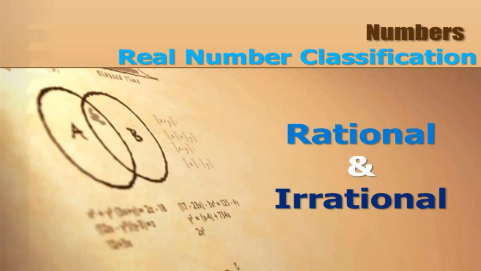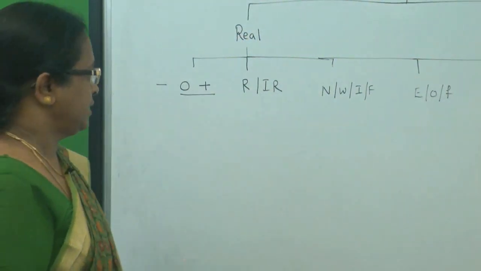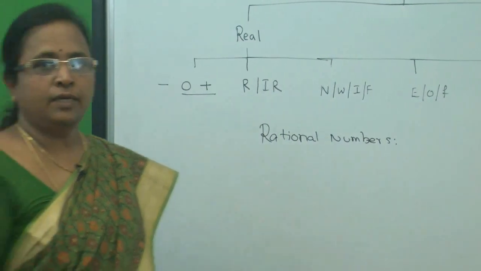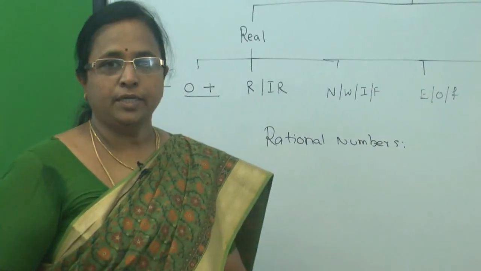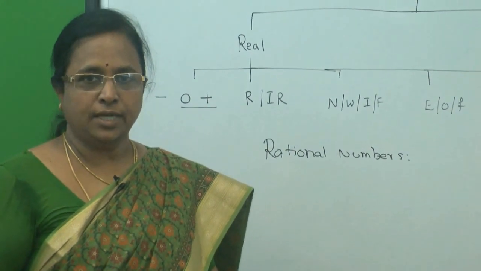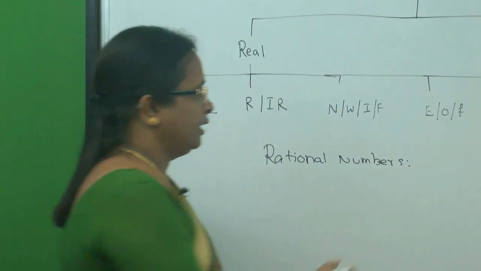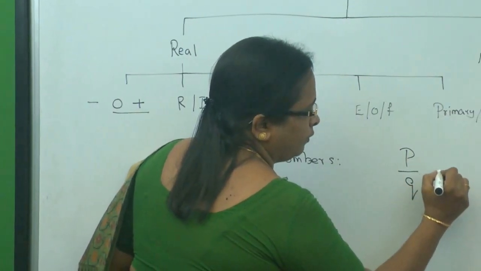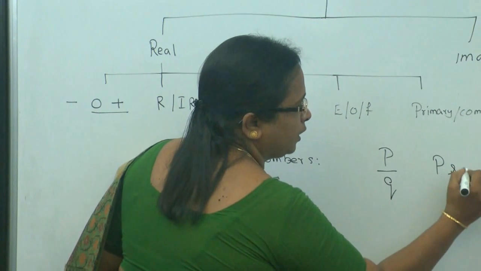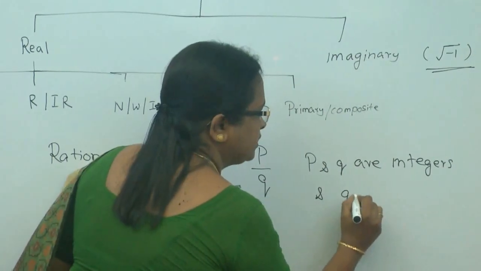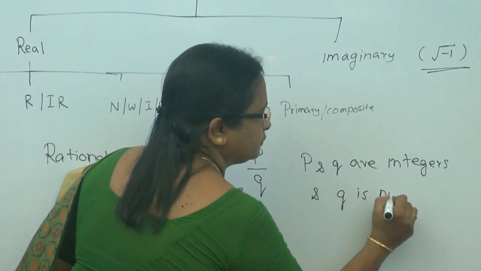Rational, irrational. So what is rational, what is irrational? Rational numbers: any number which can be written as p by q, where p and q are integers and q is not equal to 0, is called a rational number.